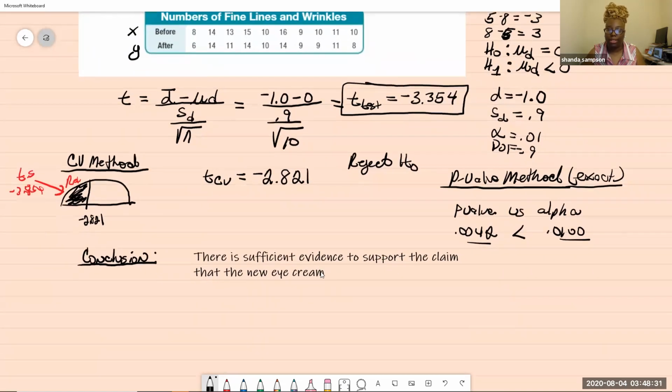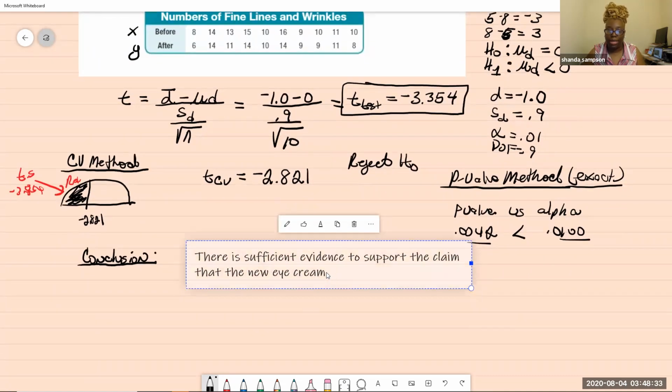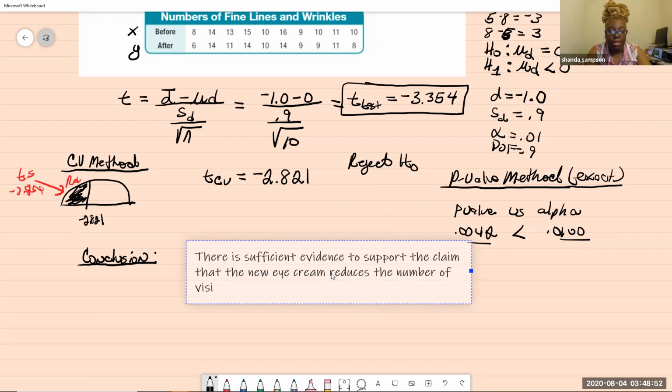Let's talk about it. What happened? That the new eye cream reduces the number of visible fine lines, not fun lines, fine lines, right?